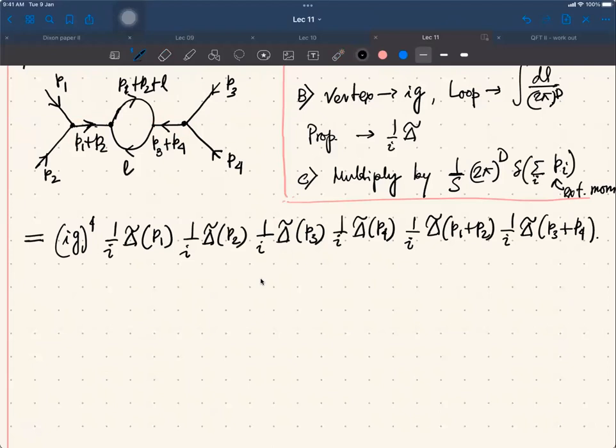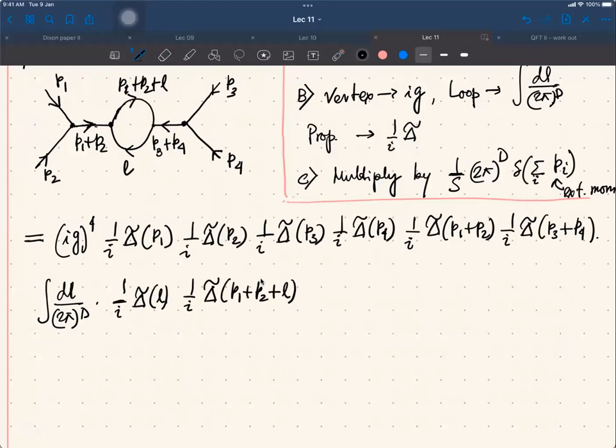Then there is a loop integral, d^d L over (2 pi)^d, times two propagators involved in this loop, this one and this one. So this is L, and this is P1 plus P2 plus L. So we have 1 over i delta tilde L times 1 over i delta tilde (P1 plus P2 plus L).